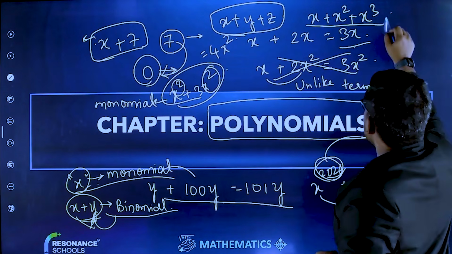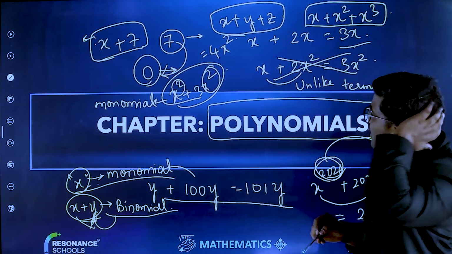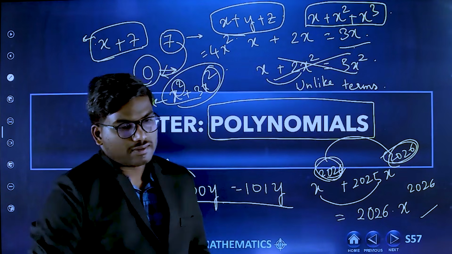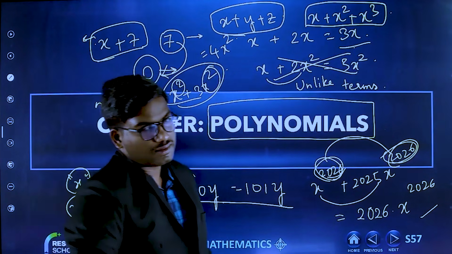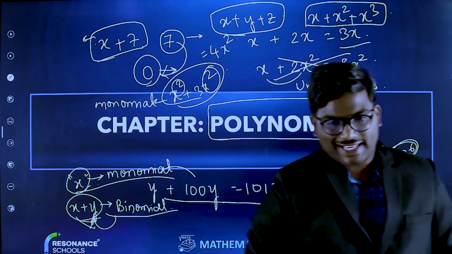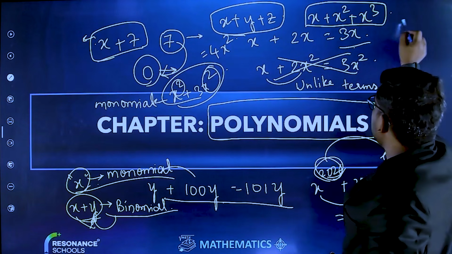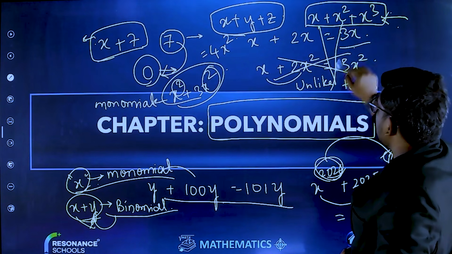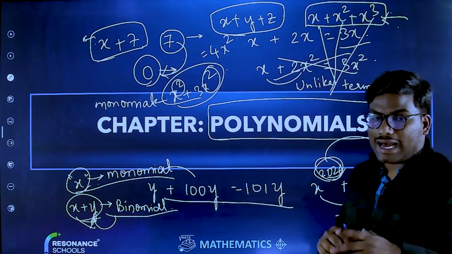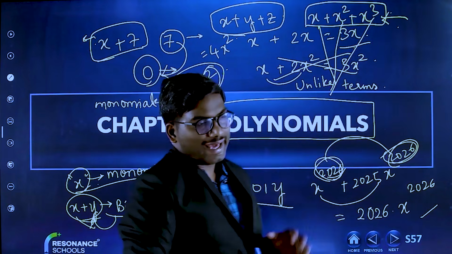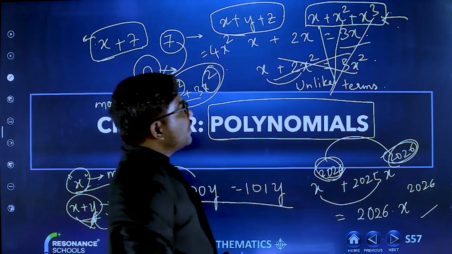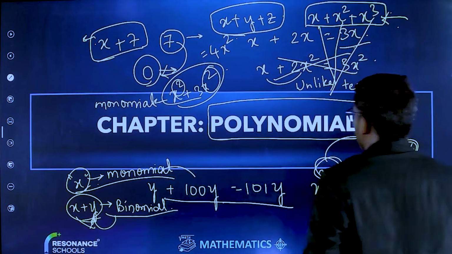Now, x plus x square plus x cube, is it a monomial, or a binomial, or a trinomial? Yes, x plus x square plus x cube is a trinomial because x, x square and x cube are all unlike terms, which is why this is a trinomial.